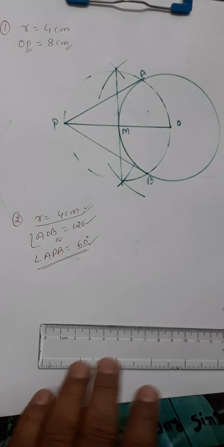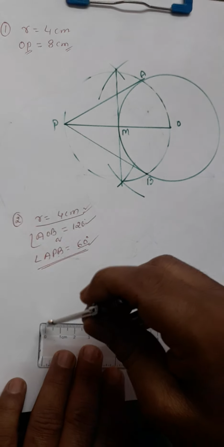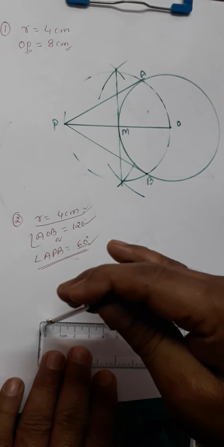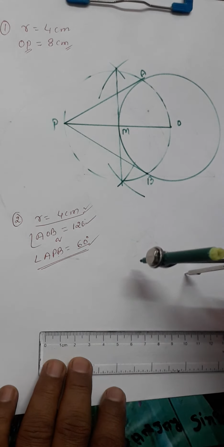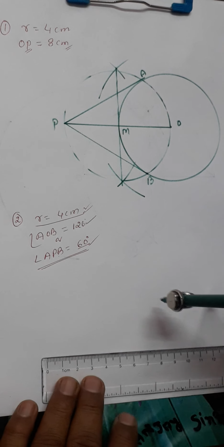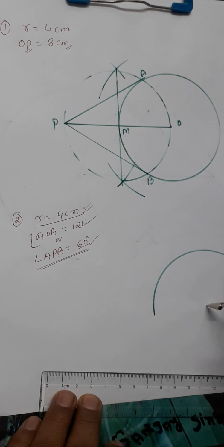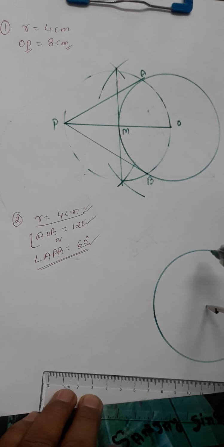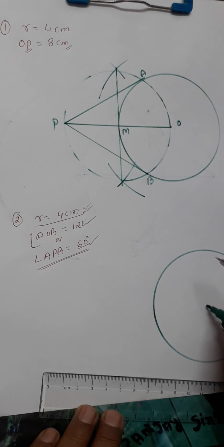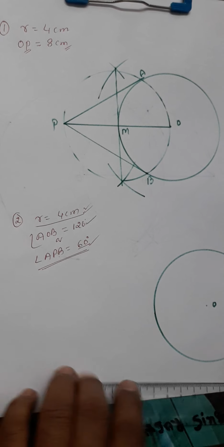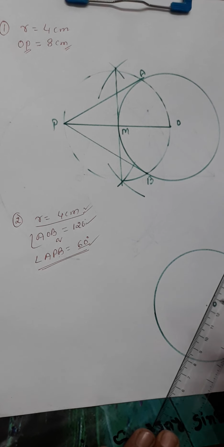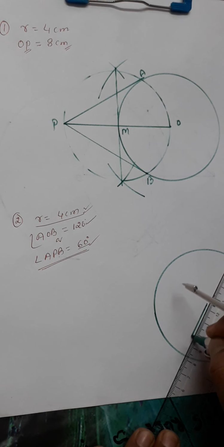First of all, we will draw a circle of radius 4 centimeter. This is a circle of radius 4 centimeter. This is the center O. We will take or draw a radius like this.